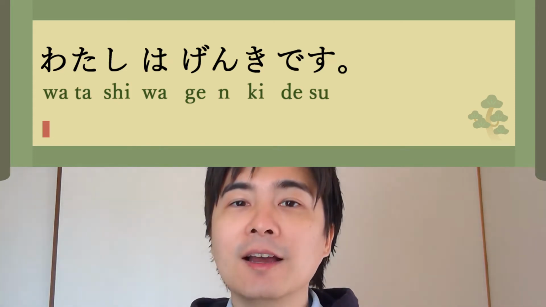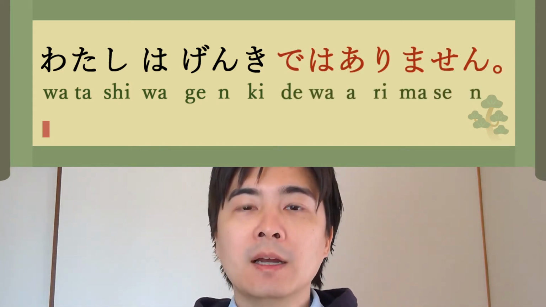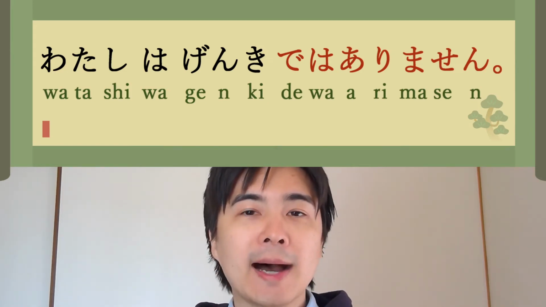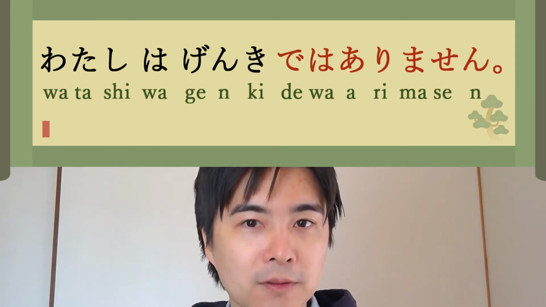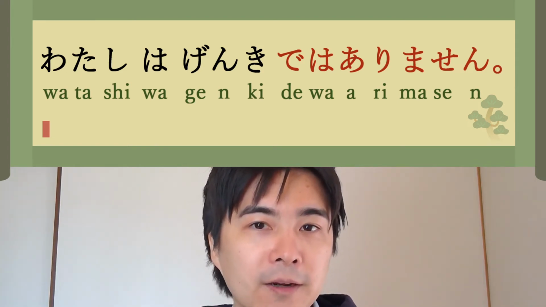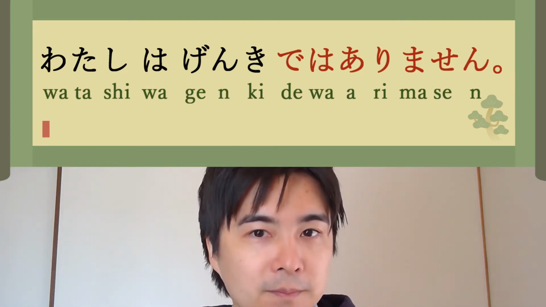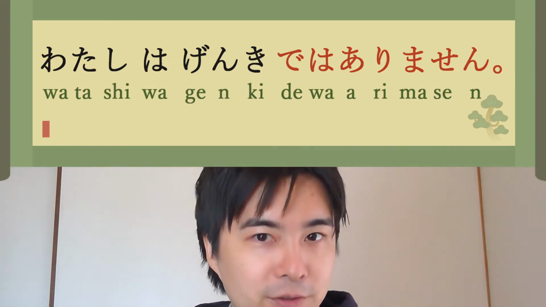It is 私は元気ではありません。It is the same as the case of a noun. We just need to change です into ではありません when we want to make a negative sentence. I hope it's okay for you. So let me ask one question.